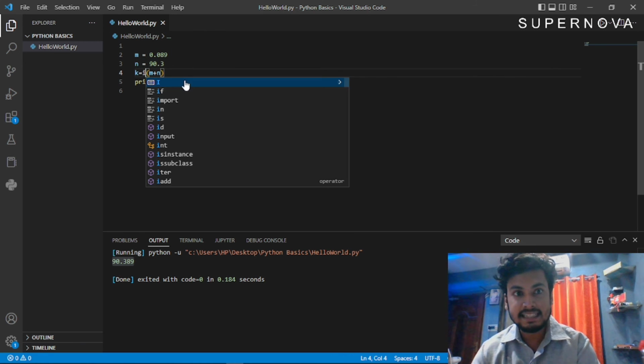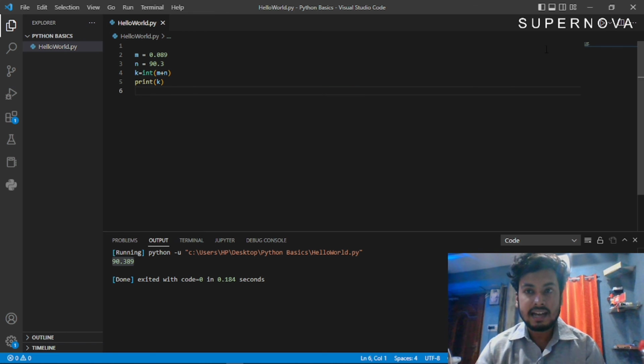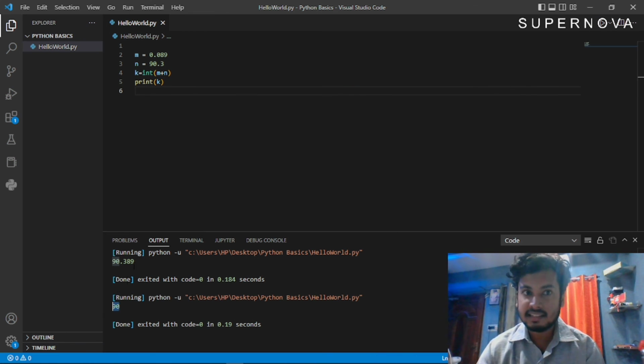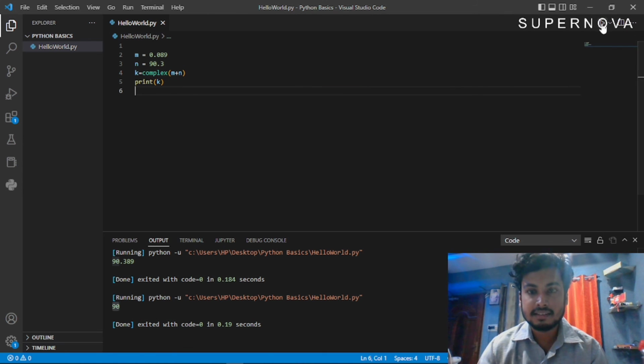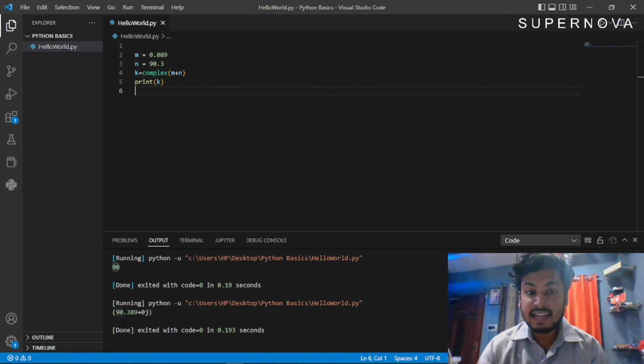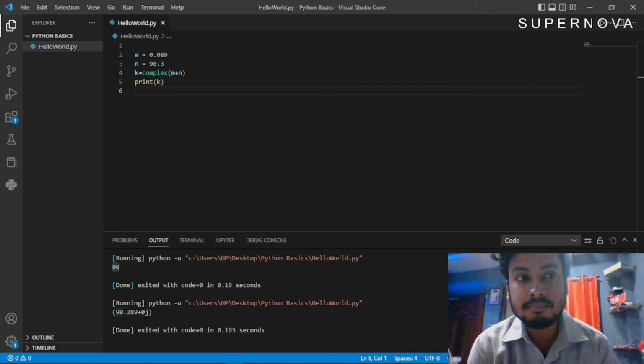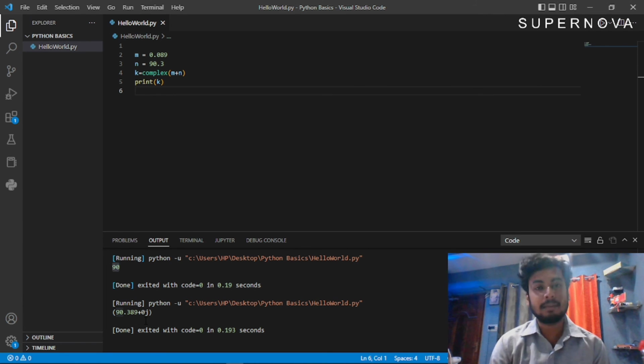If we put int over here, now it's 90. Clear? Let's make it complex. Let's run it. 90.389 plus 0j. Clear? I hope my last experiment had already cleared every kind of problem you are facing about the subject of numbers in Python.